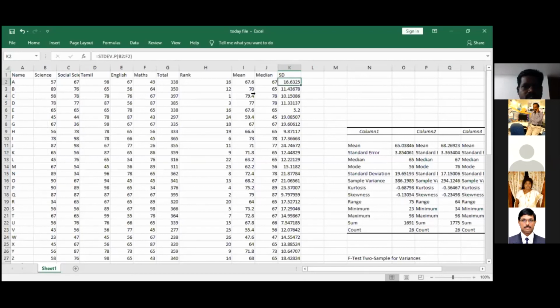Just select B2 to F2, that's all, and the standard deviation appears. Then for these columns, you go to Data, then Analysis, then select the input columns from B2 to B27 and F2 to F27. Then select the output columns and click OK, and the columns will appear.